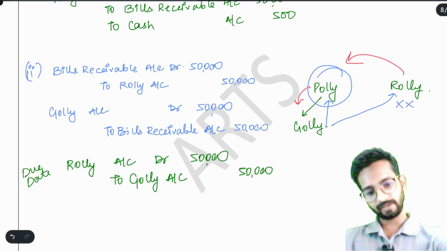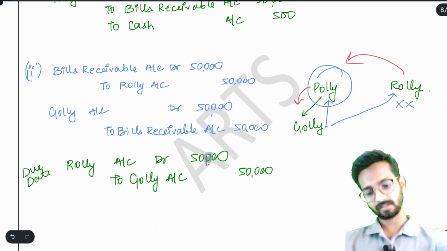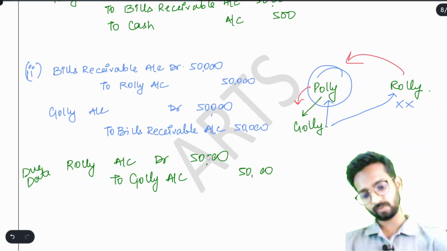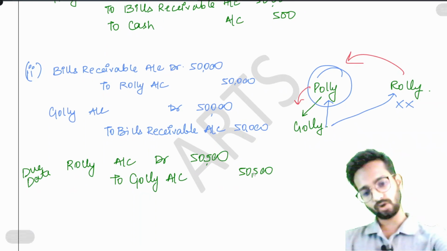The figure we have written here is not 50,000 only. Sir, why? It was 50,000 only in bills. No, it will be 50,500. Why? Because of the 500 rupees noting charges. So we will take 50,500 from Rolly and give 50,500 to Golly.